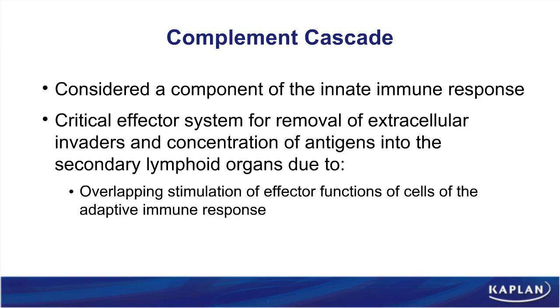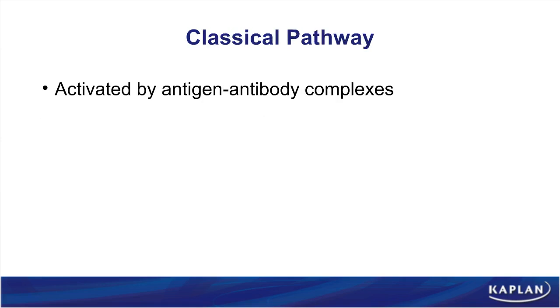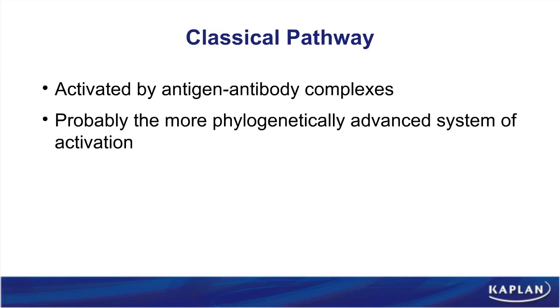But the classical pathway for complement activation is where humoral immunity, as part of the adaptive immune system, meets the innate immune response. The classical pathway is activated by antigen-antibody complexes, and it is probably the most advanced system of activation.